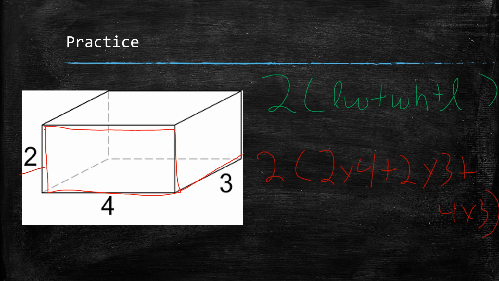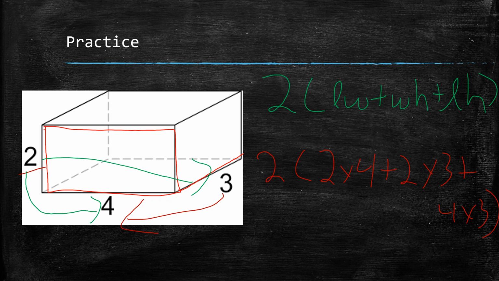And so you can match those up, or you could just understand you're taking each measurement and multiplying it by the other two. So I'm going to do 2 times 4, I'm going to do 2 times 3, and then I'm going to do the 3 times 4, and then you're set because you can see each number has been multiplied by the other two numbers.